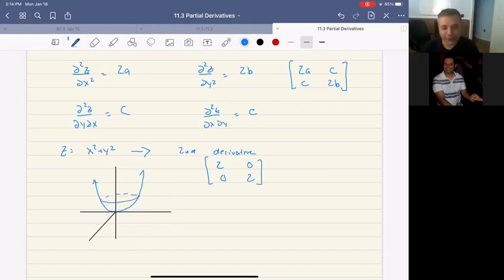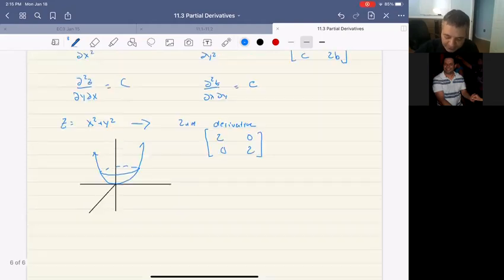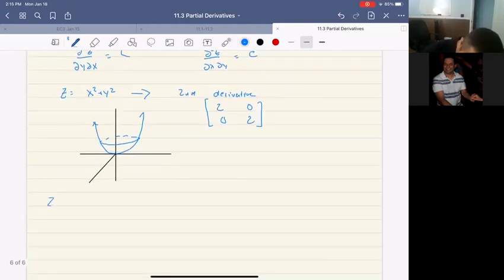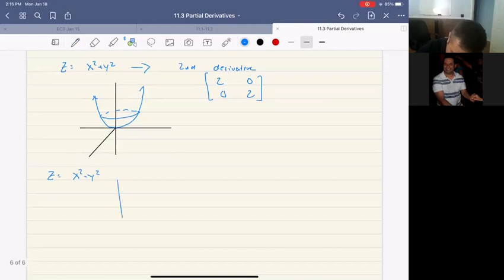I lied, I said 2. There's 3 of them that we're going to look at. There is z equals negative x squared minus y squared, equivalently, but we'll just stick with one of them. That one looks like so.